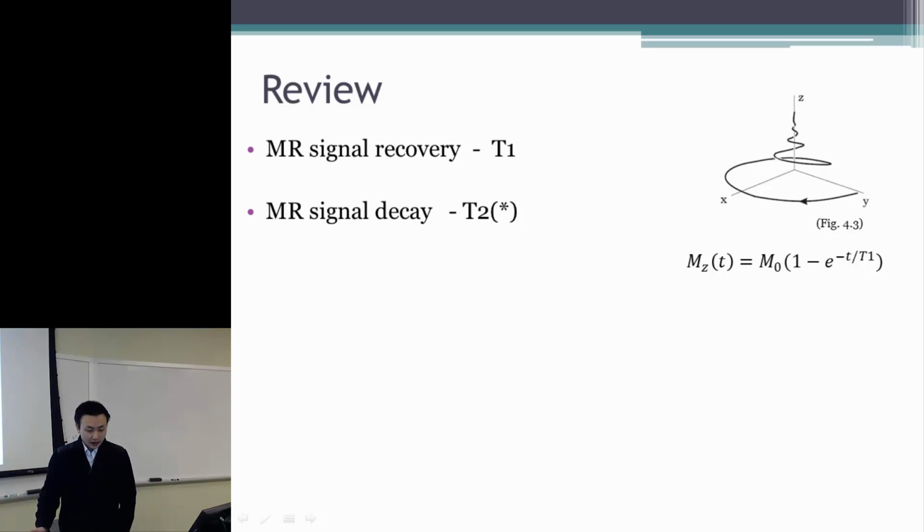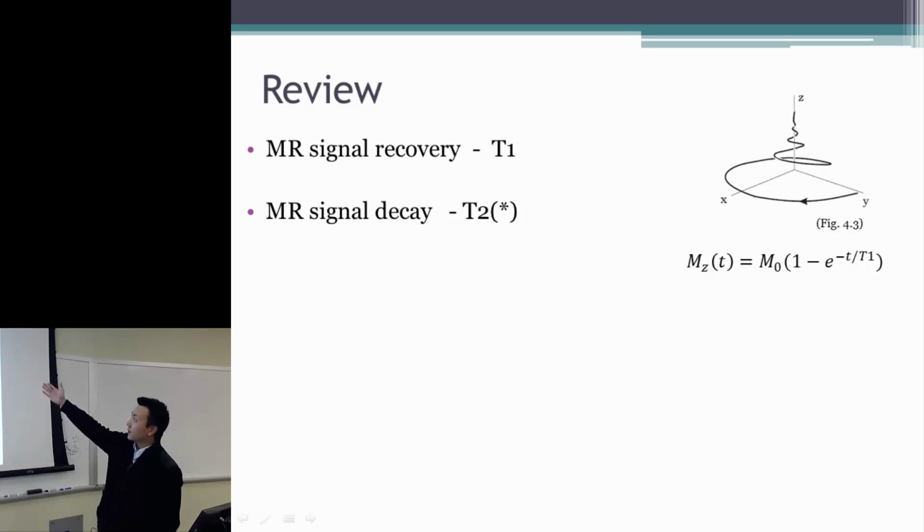When we are talking about T1 and T2, sometimes we just say, okay, it's T1 and T2, and there is this plot in the book that describes this dynamic process after the magnetization was tipped into the transverse plane. But actually, there is some problem with this figure. It will be a little bit misleading.